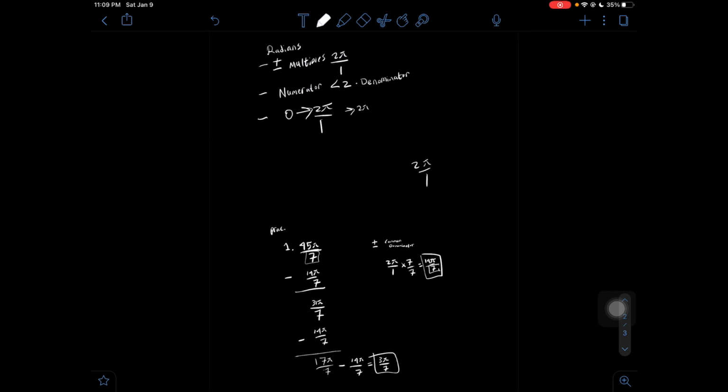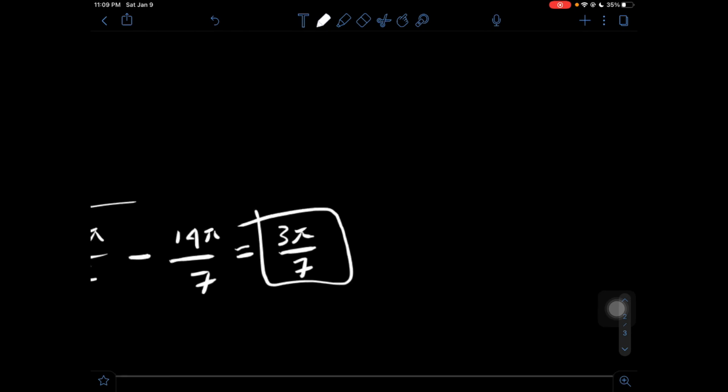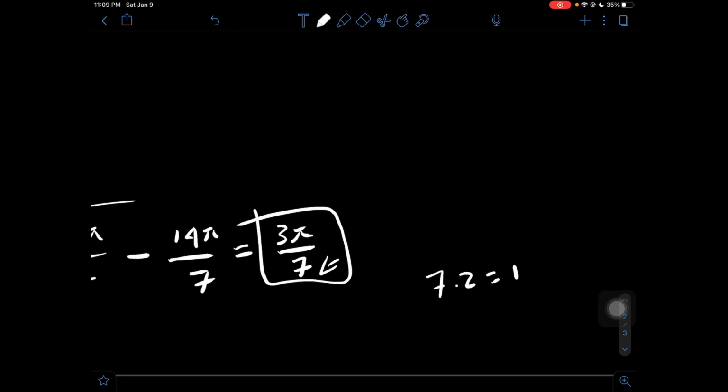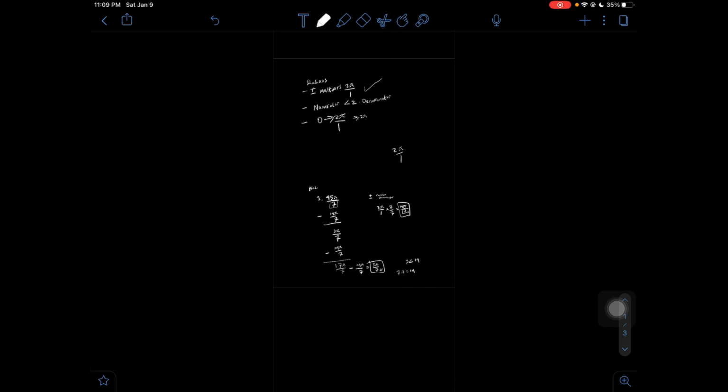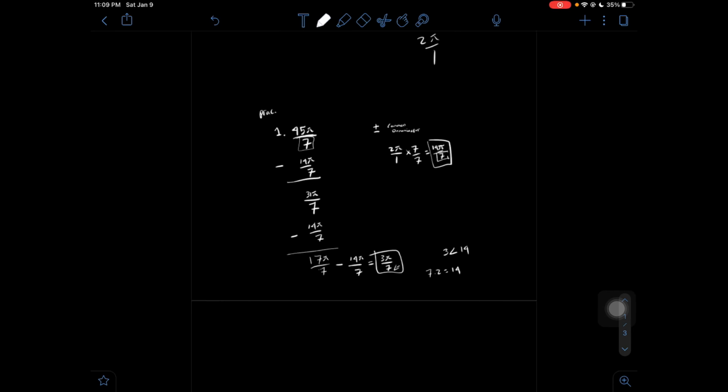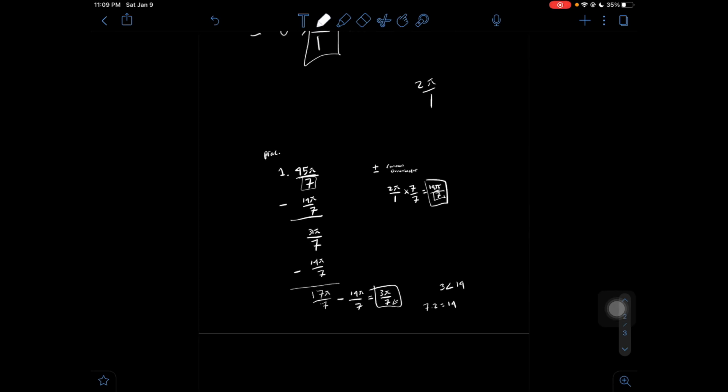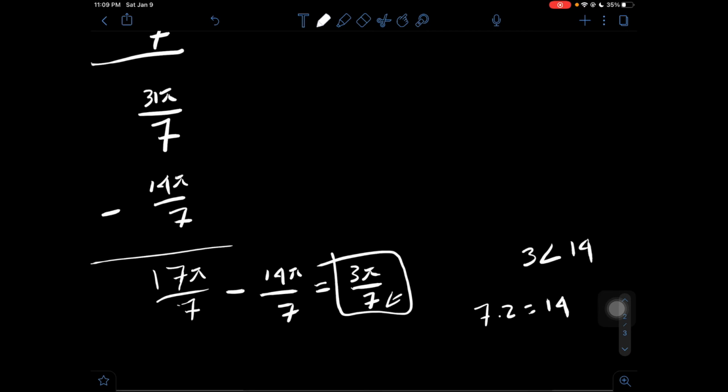We did add or subtract multiples of 2 pi over 1, so we can check mark that off. Our numerator has to be less than 2 times our denominator, so let's see if that works. Our denominator here is 7, so 7 times 2 equals 14, and 3 is less than 14. Great. And it has to be in between 0 and 2 pi over 1.